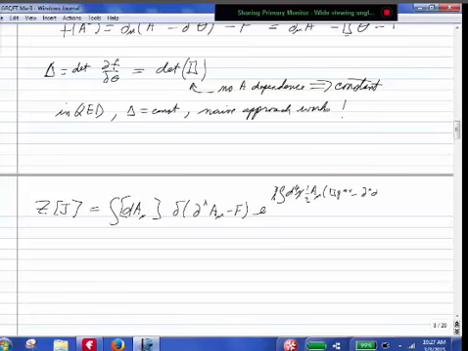So we can just proceed by writing out without this constraint. So Z of J is the integral dA delta of d mu a mu minus f, e to the i integral d4x.